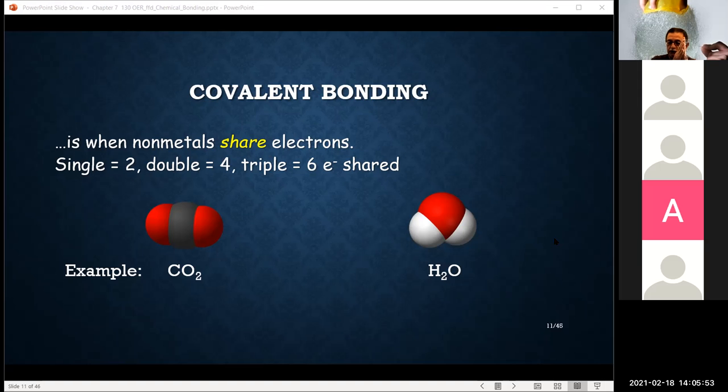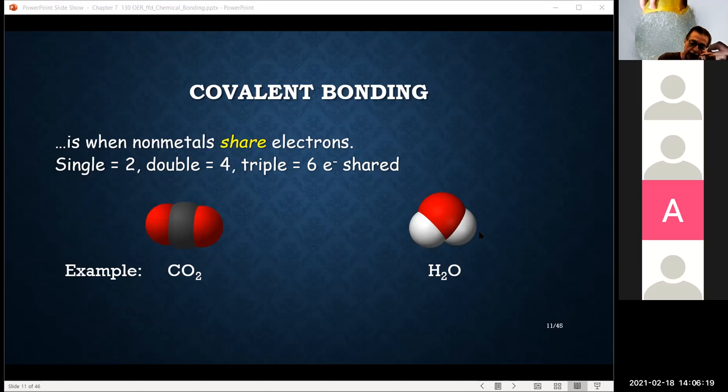So electrostatic, I represent with my two hands just coming together. Covalent bonds, I represent by my fingers interlocking with each other, where I'm forming a literal bond. Now, there are three types of bonds in the covalent bond: a single bond, a double bond, and a triple bond.